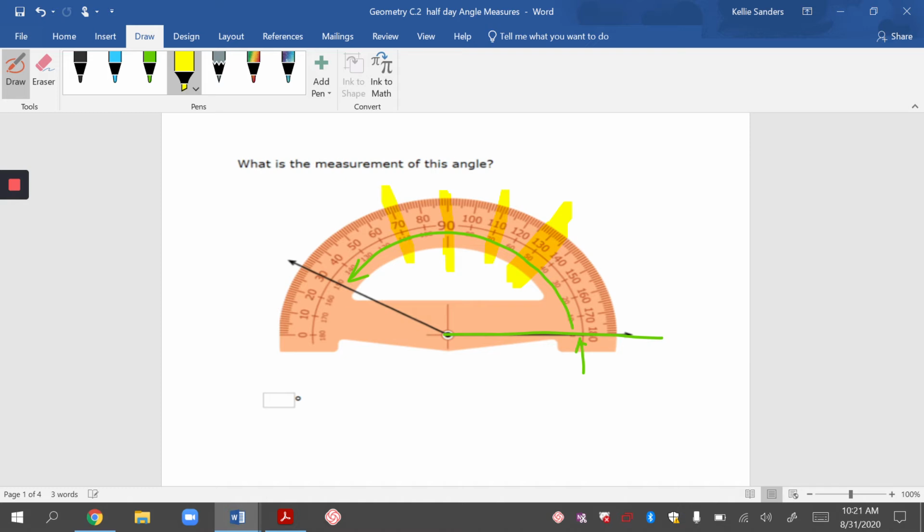And then these, all of them add up to 180 degrees. That's very important because a straight line is 180 degrees. So whenever you are using the protractor, just make sure, this angle is way bigger than 30 degrees, so it's going to be 150 degrees.